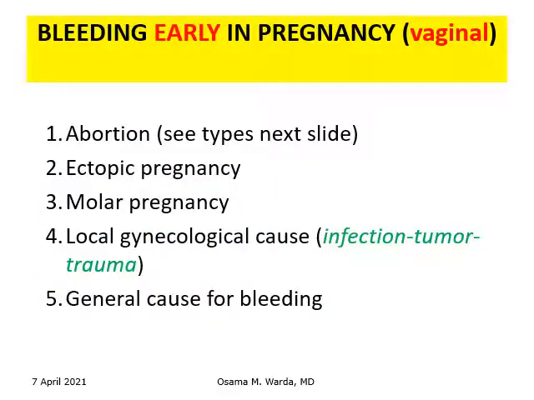The second complaint is bleeding early in pregnancy. The differential diagnosis of such a case may include abortion with its different clinical types, which I will discuss in the next slide, ectopic pregnancy, molar pregnancy, local gynecologic causes such as infection, tumor, or trauma, and general causes of bleeding, such as abnormal coagulation profiles and platelet dysfunction.